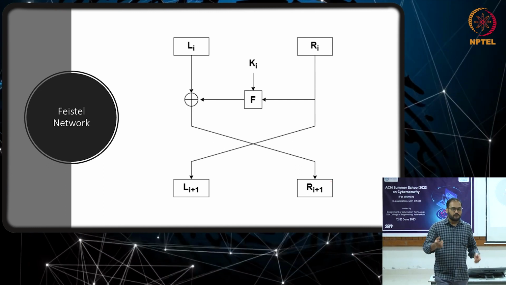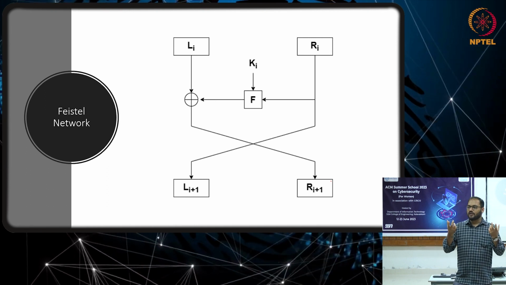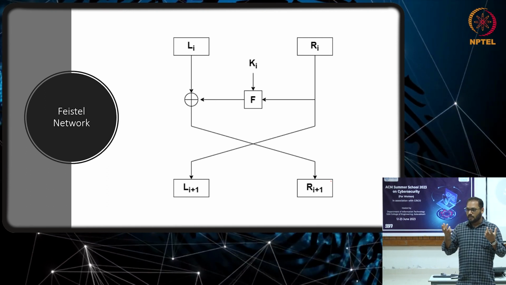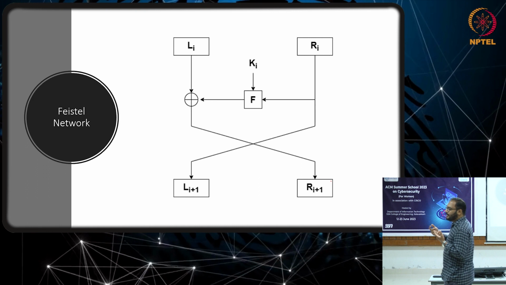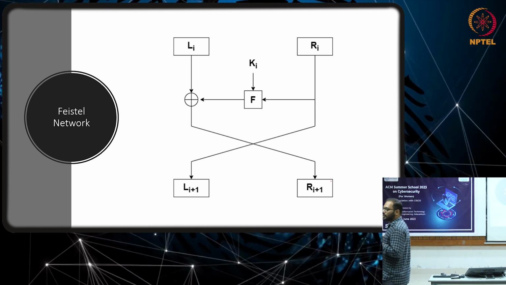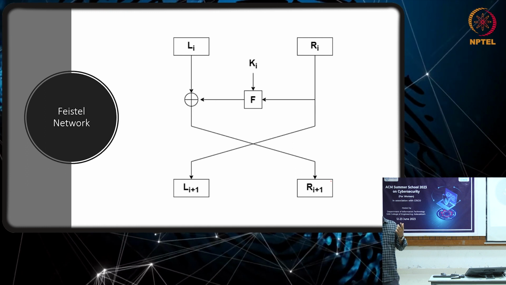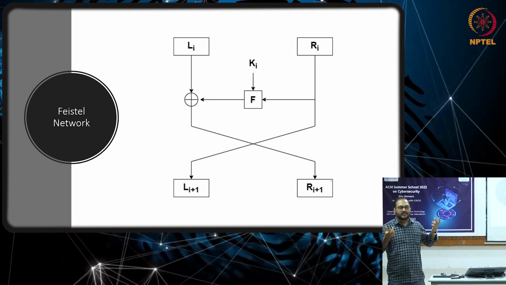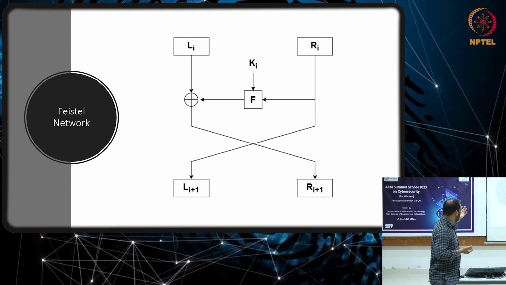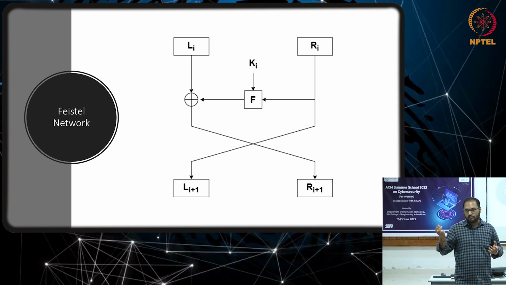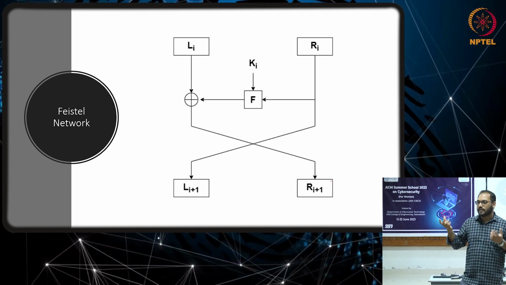So first we will divide our plain text into two different equal parts, half. And in each round of a Feistel based block cipher, only one of the parts will be encrypted. The second part will go as it is. So here if we talk about Li and Ri, initial left part and right part.